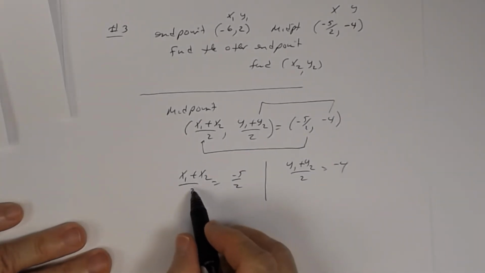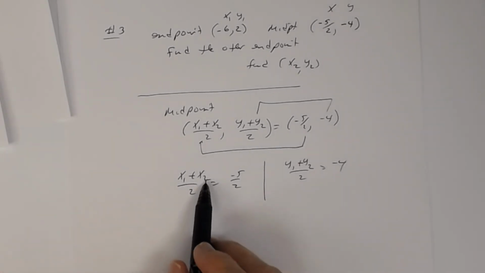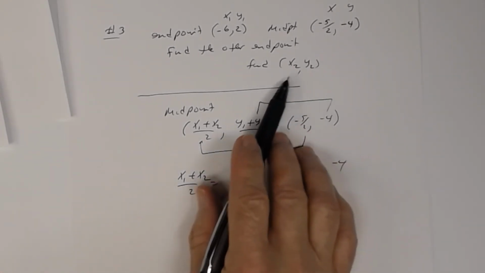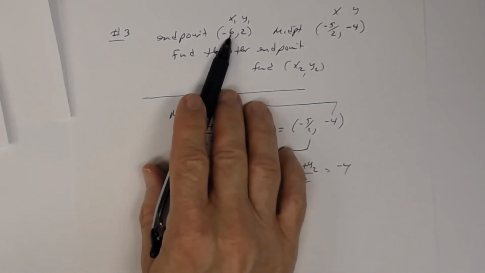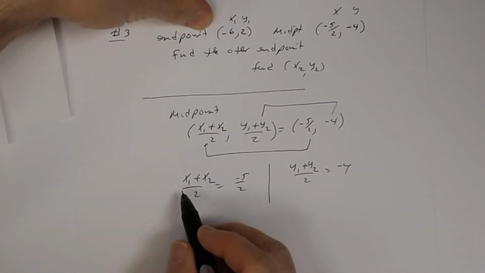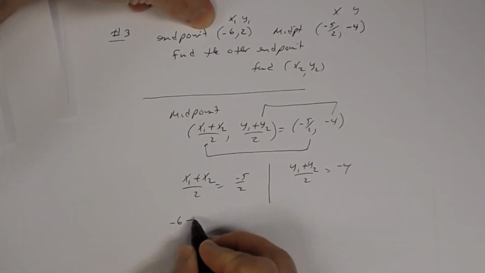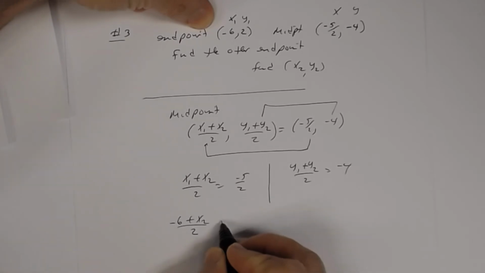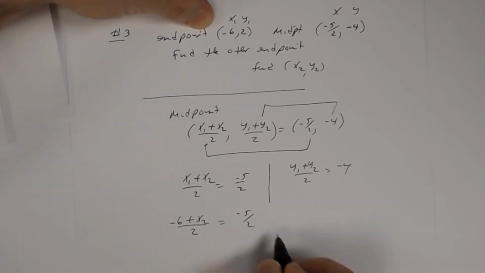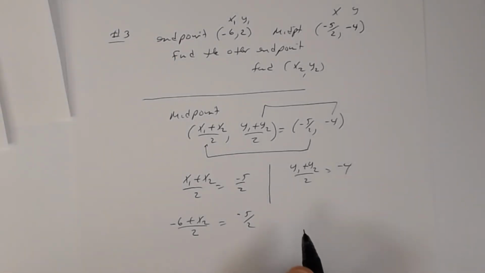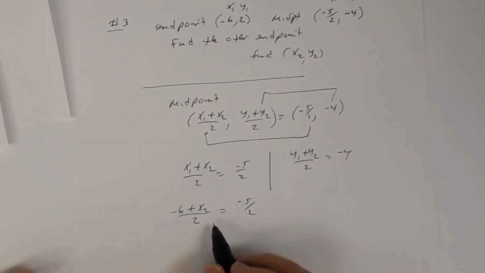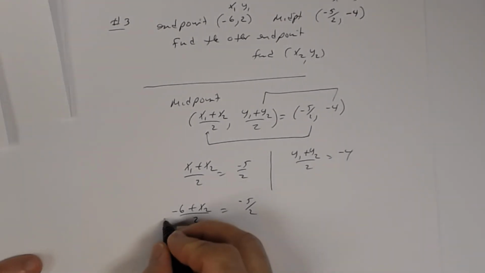And so you just substitute what you know. You're trying to find x2. We know that x1 is negative 6, so we're going to substitute negative 6 into x1. So I get negative 6 plus x2 divided by 2 is equal to negative 5 halves. Okay? Now let's go ahead and clear the fractions. Notice the LCD is 2, so I'm going to multiply both sides by 2.